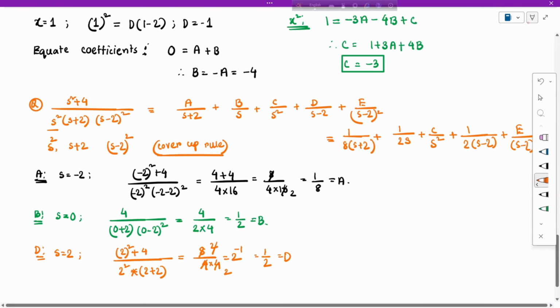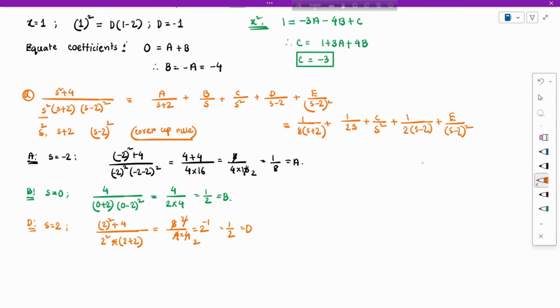Okay, all right, so with this expression we're going to try and solve for c and e. If we wanted to apply the equating coefficients method here, it would be really tedious and complex, and it would lead to more probability of error in calculation. So we're not going to use that here. We're going to use the cover-up rule.